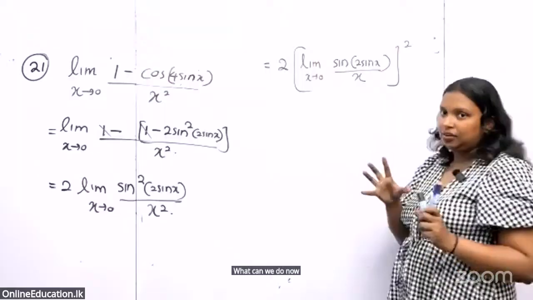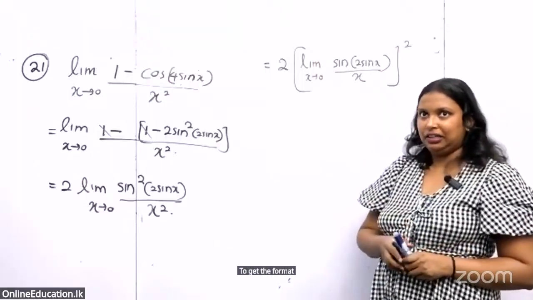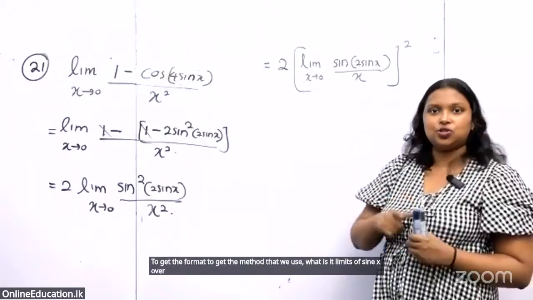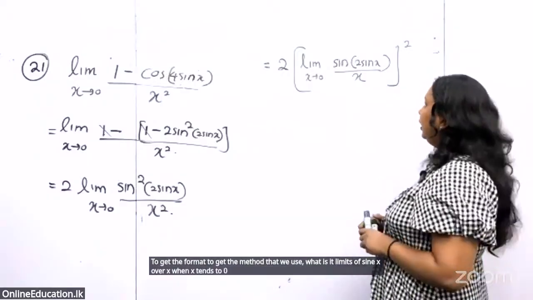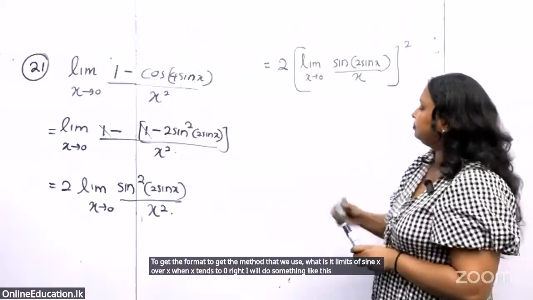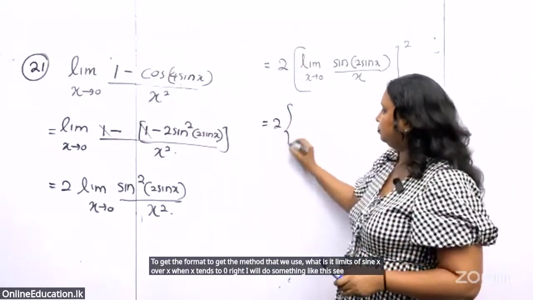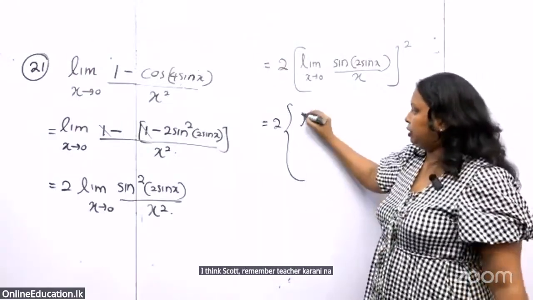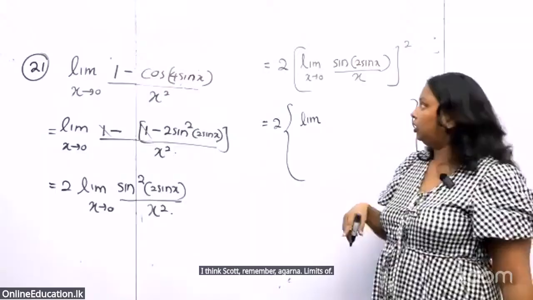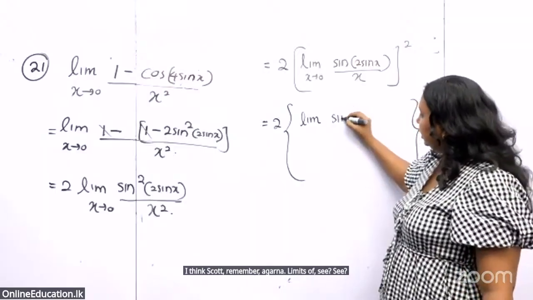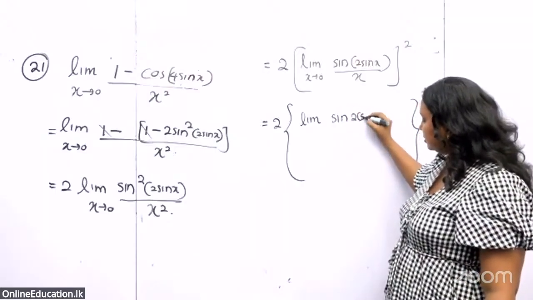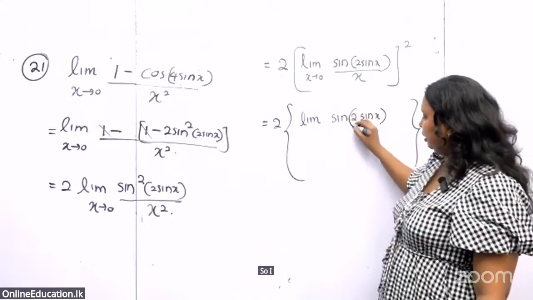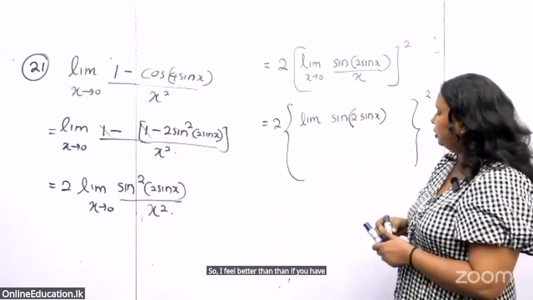To get the format, the method that we use is the limit of sin x over x when x tends to 0. I will do something like this, since we have a 2 sin x in the sine, I feel better if we have a 2 sin x here in the denominator.